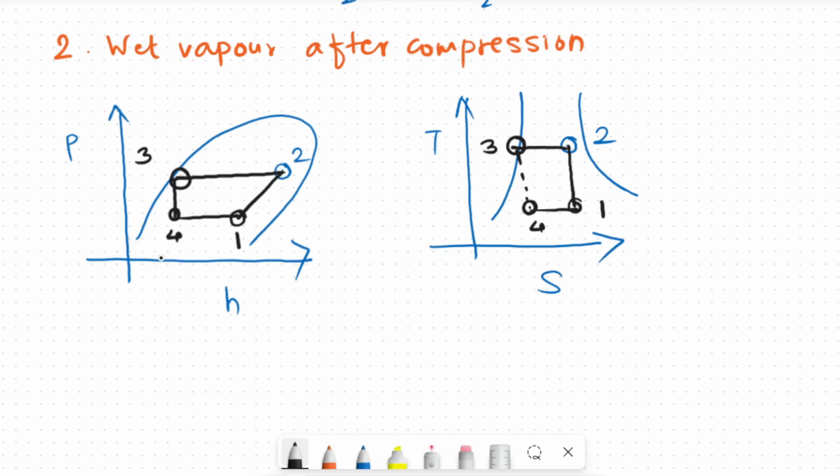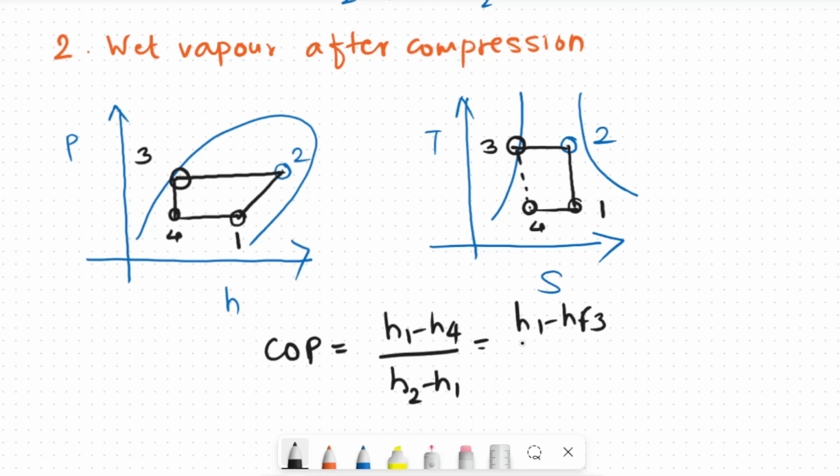The formula will remain the same. So COP is equal to H1 minus H4 upon H2 minus H1. So H1 minus HF3 upon H2 minus H1.